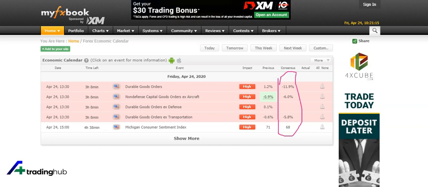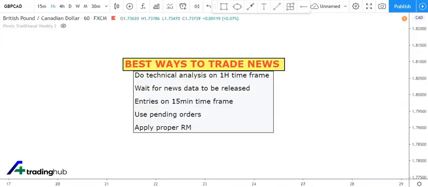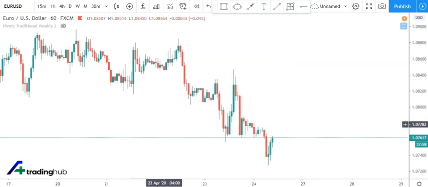So in trading news, since this event is on USD, you need to trade a USD-related pair, maybe EUR/USD, GBP/USD, USD/CAD, NZD/USD, AUD/USD. For this example, I want to do the analysis on EUR/USD. So let's go back to the chart. This is EUR/USD, the 1 hour chart.